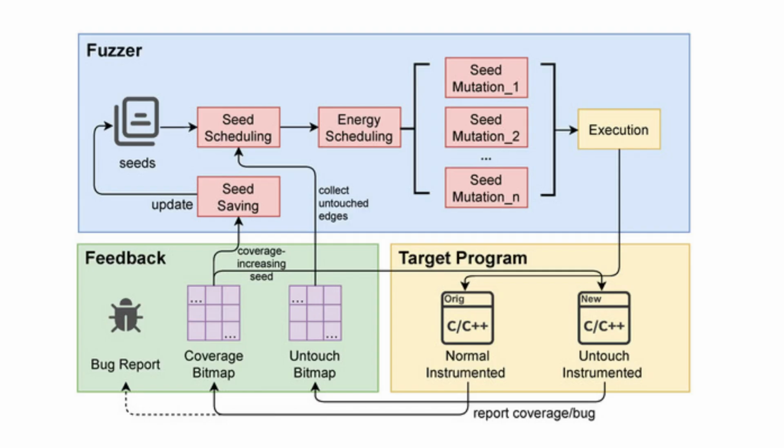This creates a critical scheduling problem: determining which inputs deserve additional testing because they are more likely to lead to new discoveries. If the scheduler chooses poorly, the fuzzer wastes time repeating known behaviors. If it chooses well, exploration accelerates dramatically. Seed scheduling therefore becomes one of the most important factors influencing fuzzing effectiveness.